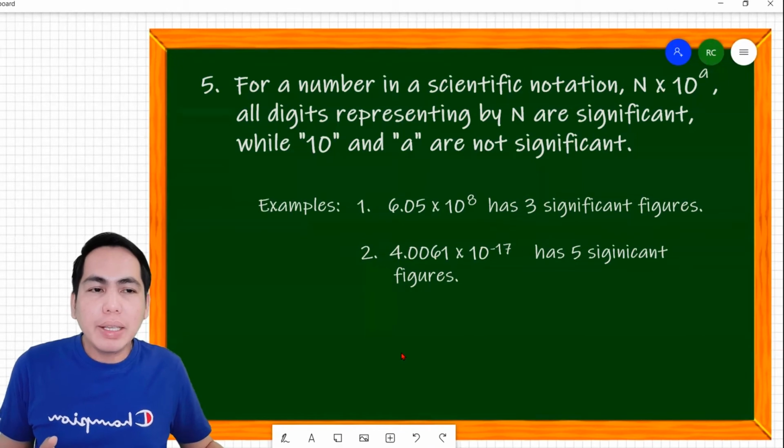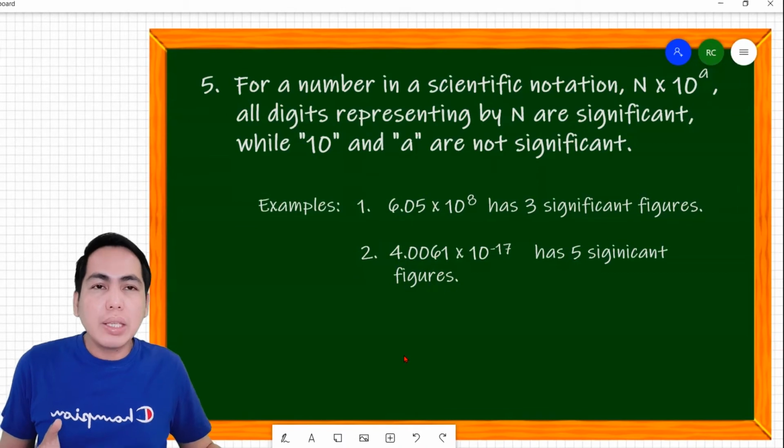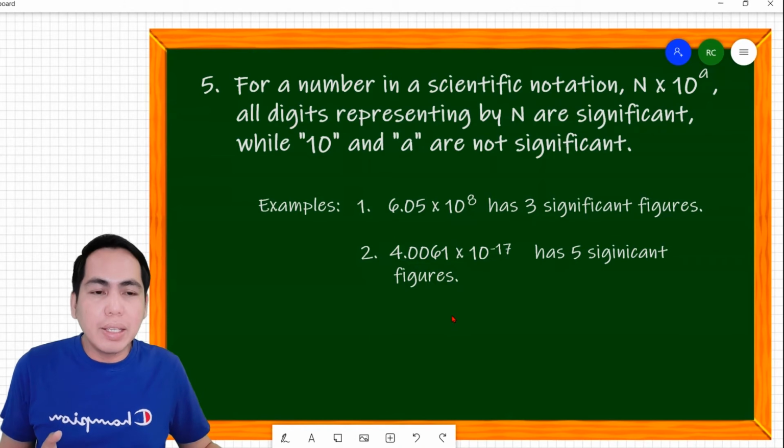Let's have number 5. For a number in scientific notation, n times 10 raised to the power of a, all digits represented by n are significant, while the base 10 and the exponent a are not significant. For example, 6.05 times 10 raised to the power of 8 has 3 significant figures because the significant digits are 6, 0, and 5 only, while 1, 0, and 8 are not significant.